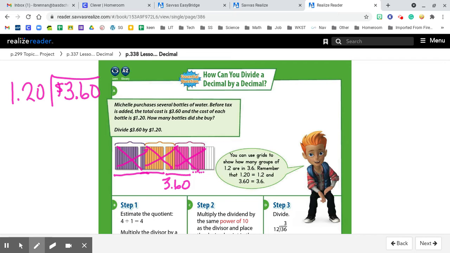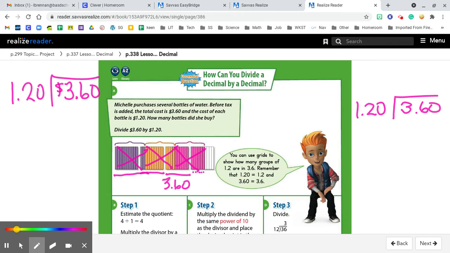And as we move ahead, I know this is moving you ahead, but I think it's a good idea to introduce it. So what I need to do is get rid of the decimal in the divisor. In order to get rid of my decimal there, I'm going to have to multiply it by 100.